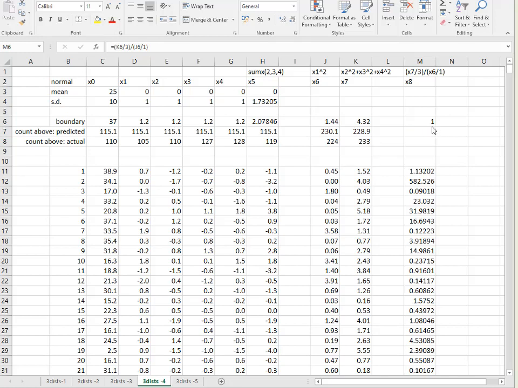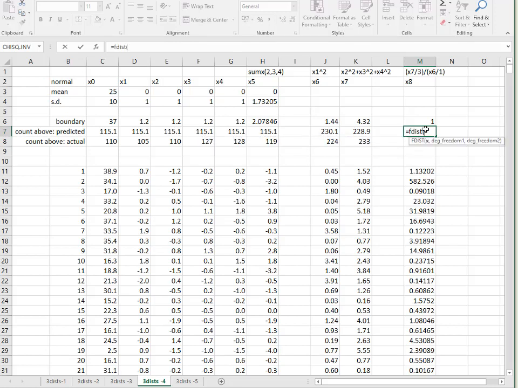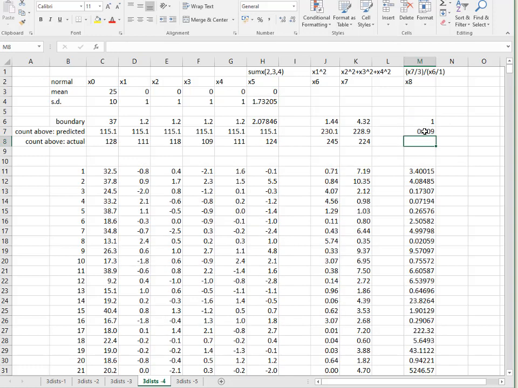It's very similar to the one before: F.DIST, the number of the threshold. But there are 2 extra inputs, so you have to put in both the degrees of freedom. One was 3, the other was 1, if I remember correctly. Yes, 3 and 1. That gives the proportion, and then I want to multiply that by 1,000 to predict how many there are.